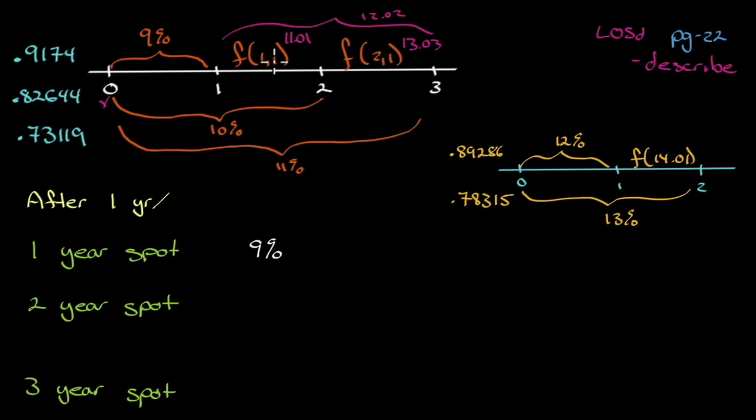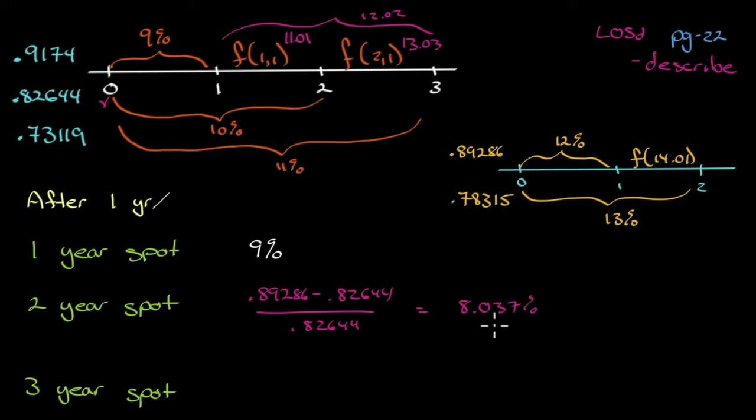Let's see what we made on our 2 year bond. Well, our 2 year bond at this point, we paid 0.82644 to get it. And after 1 year has passed, it's now only a 1 year zero. So we'll discount it back by the 1 year spot rate. It's 0.89286. So we have 0.89286 minus 0.82644 over 0.82644 gives us 8.037%.